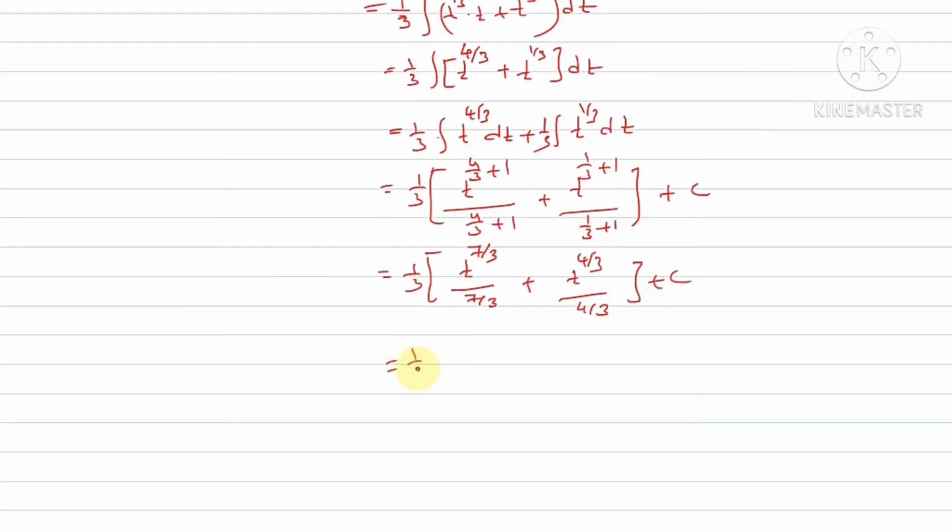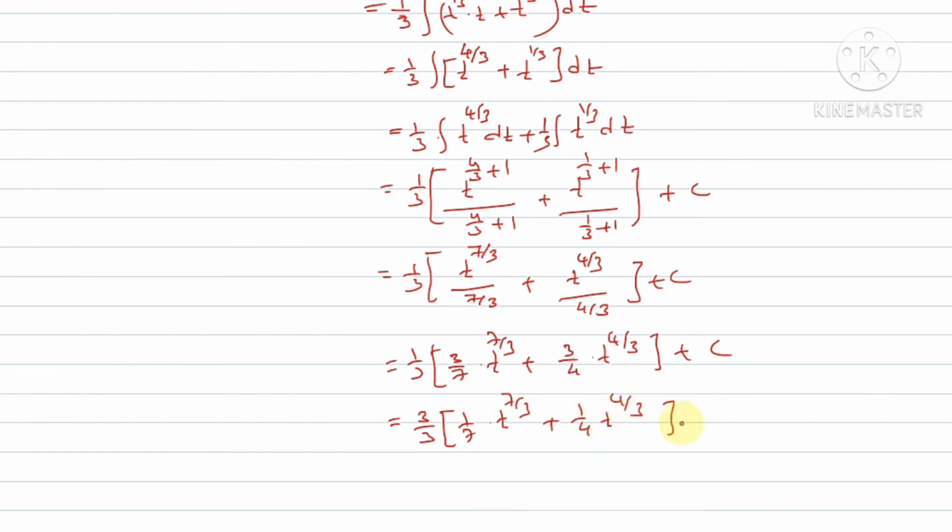Next, 1 by 3 is as it is, and this 7 by 3 comes to the numerator: 3 by 7 into t power 7 by 3, plus 3 by 4 into t power 4 by 3, plus c. Overall, if I take 3 common, 3 upon 3 will be cancelled, so it is 1 by 7 t power 7 by 3 plus 1 by 4 t power 4 by 3, plus c.